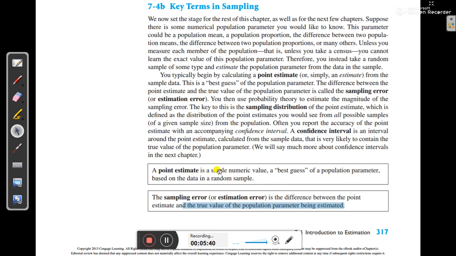So sampling error is dependent on this: the point estimate that you have estimated using the random sample from the population, minus the actual true value of the population.